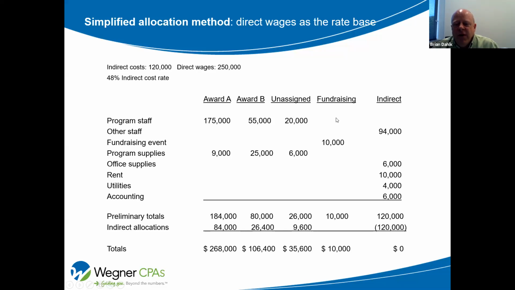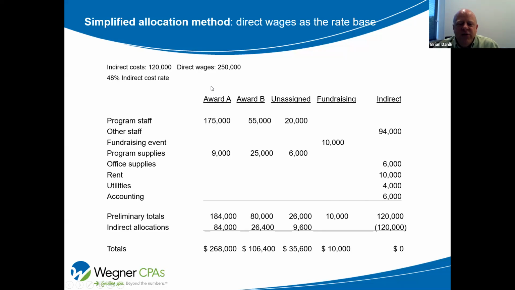In this case, fundraising doesn't get anything allocated to it because it didn't have any fundraising personnel costs that were directly assigned to it in the first place. So we're allocating the full 120 once again to the different direct categories. And once again, you can't take the 120 and allocate it just to the awards.